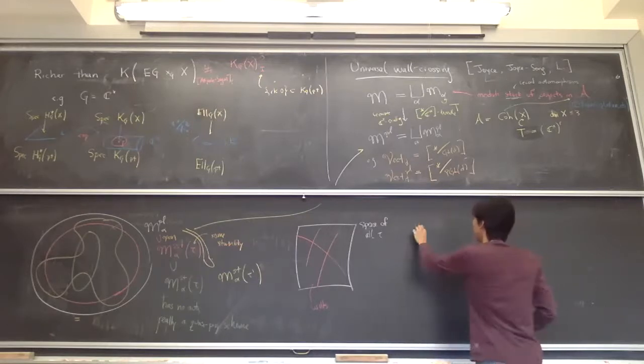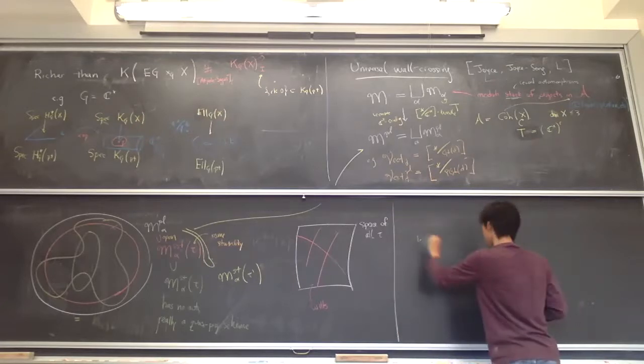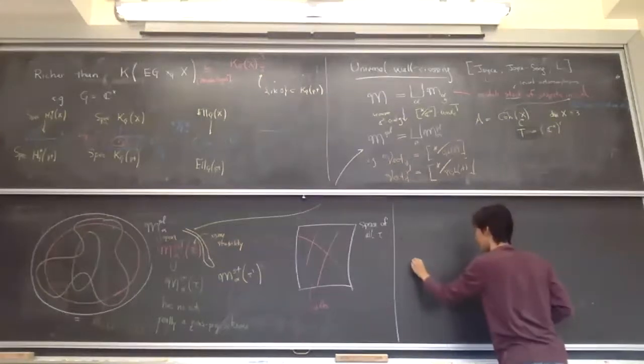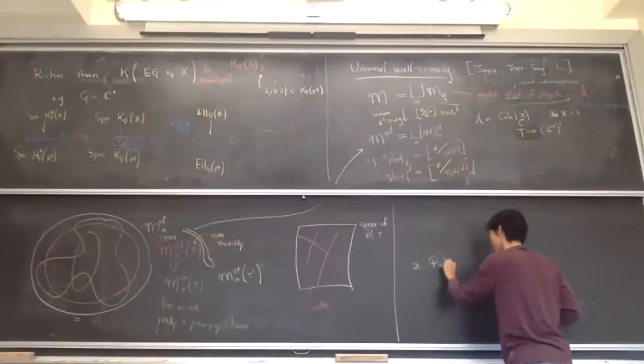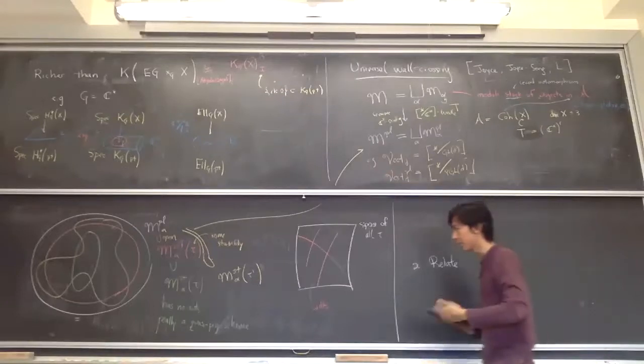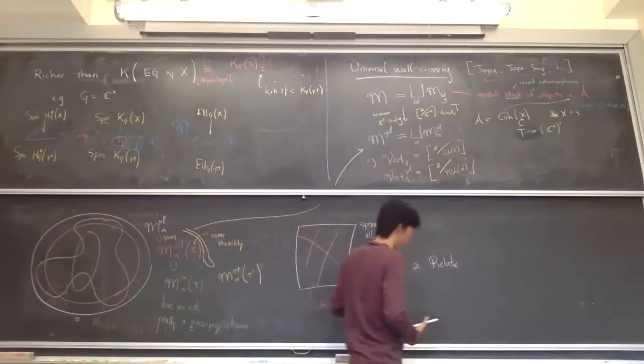So what are we going to do? Step one, or step two, I suppose, is we're going to relate certain kinds of enumerative invariants on the green thing to the same enumerative invariants on the yellow thing.